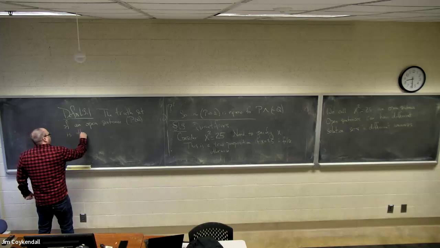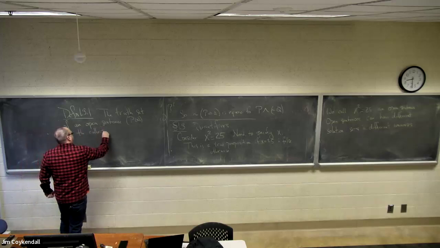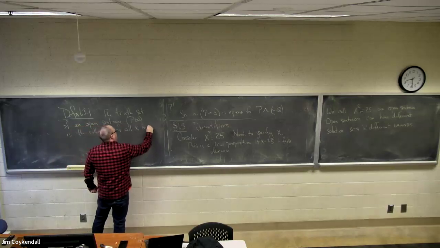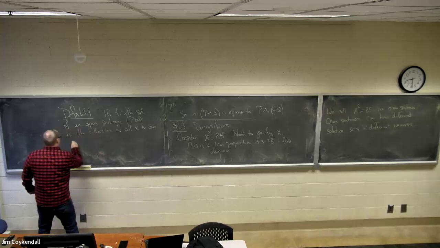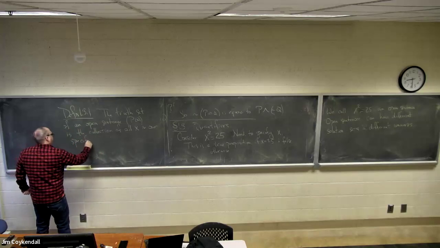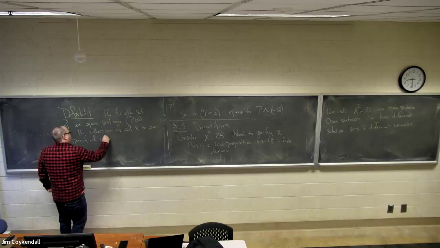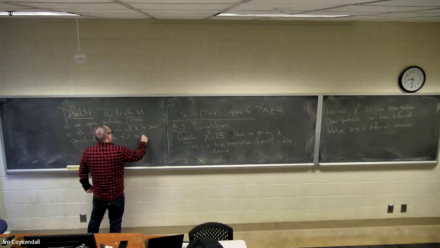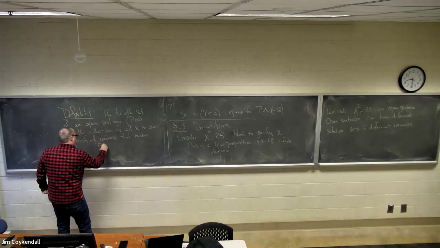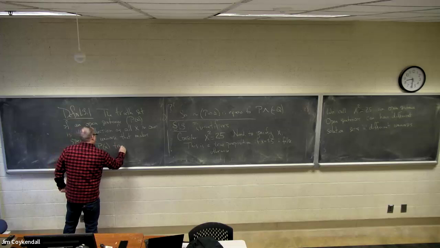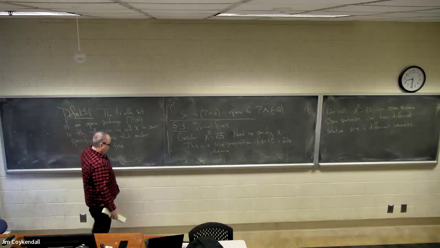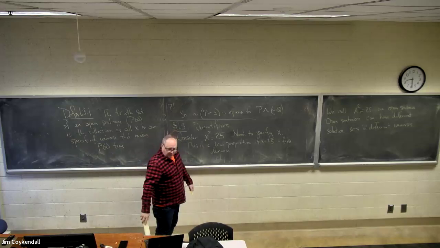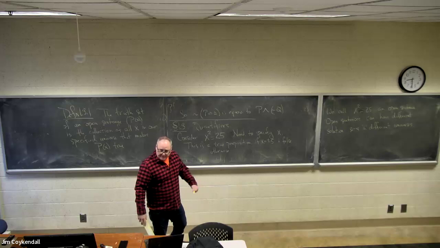It is the collection of all x in our specified universe that makes P of x true. So for example, if my universe is the integers and my sentence is x squared equals 25, the truth set is +5 and -5.